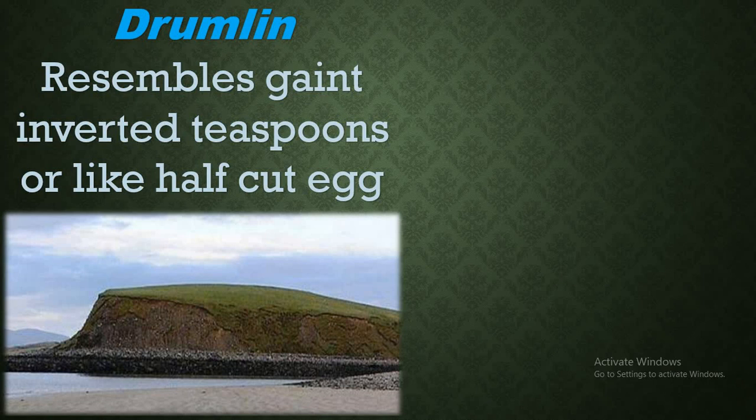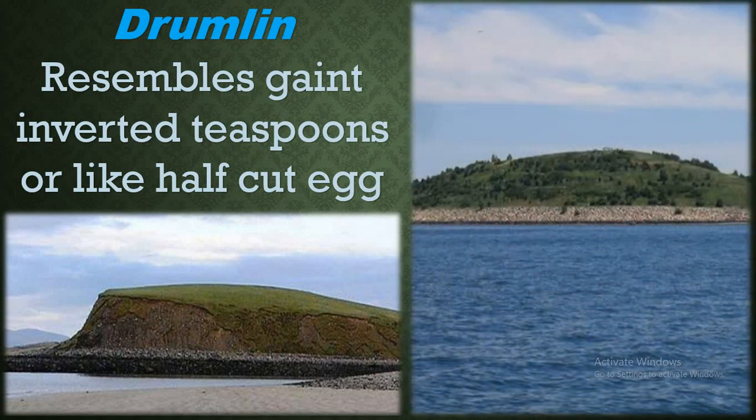So it is like a half-cut egg or an inverted teaspoon that lies down. When the surroundings get eroded, it looks like a drumlin. We'll see the other picture. Yeah, it's here. This is the other type of depositional glacier landform, the drumlin.